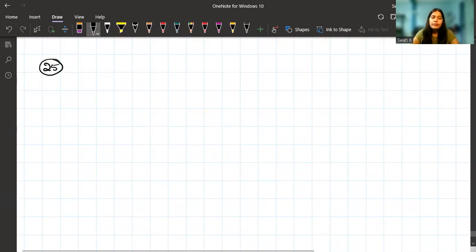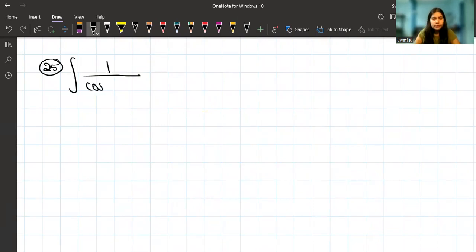So in the 25th question, we have to integrate 1 upon cos square x into 1 minus tan x whole square dx. So here we are going to simplify this again very easily.